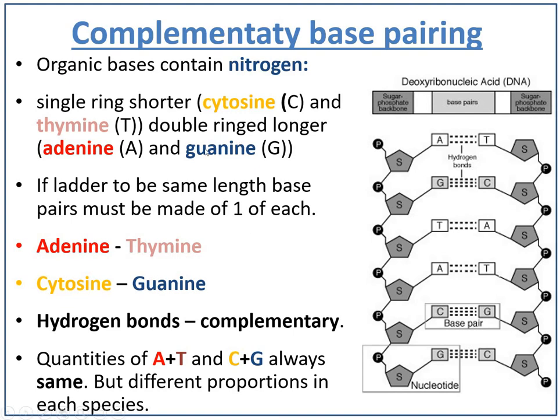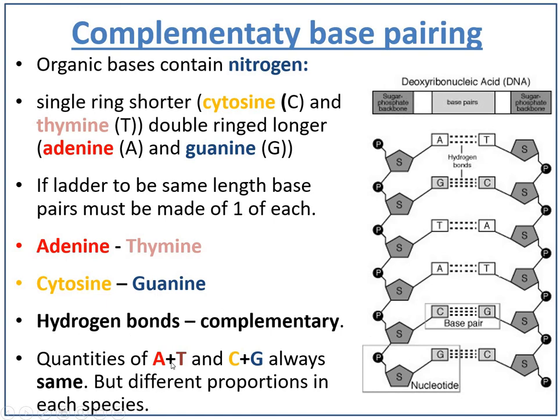Because the single rings are shorter and the double rings are longer, for it to be the same length, you must have a double ring combining with a single ring. So adenine pairs with thymine and cytosine pairs with guanine, and the hydrogen bonds form between the complementary base pairs.